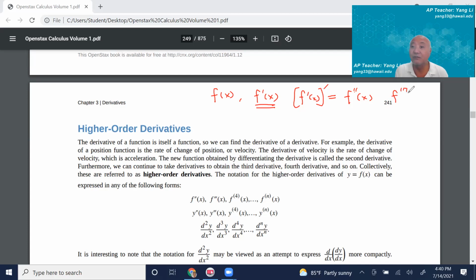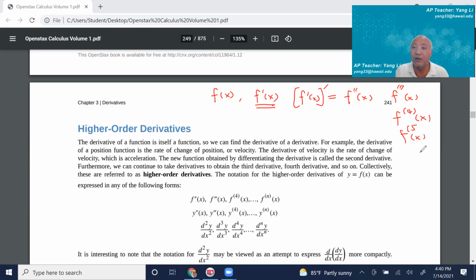If it's continuously differentiable, you're going to have a third derivative, and also a fourth derivative, a fifth derivative, like this.